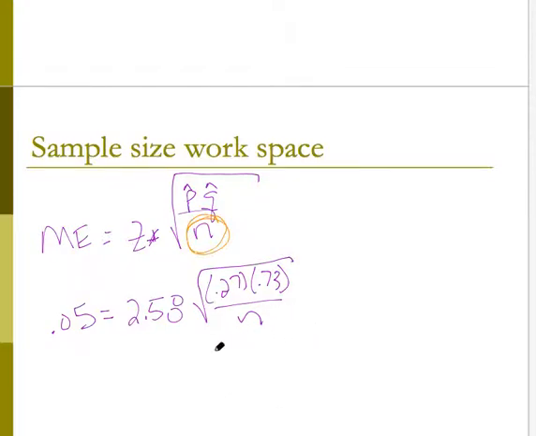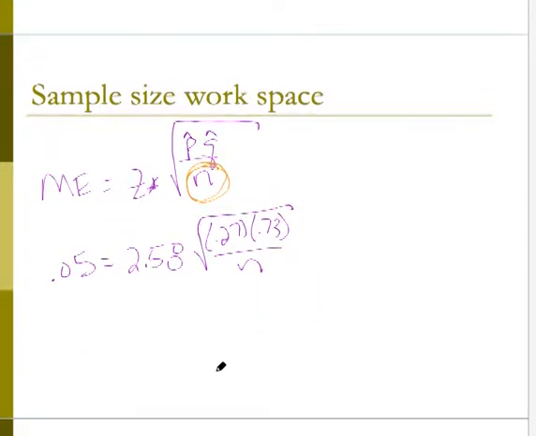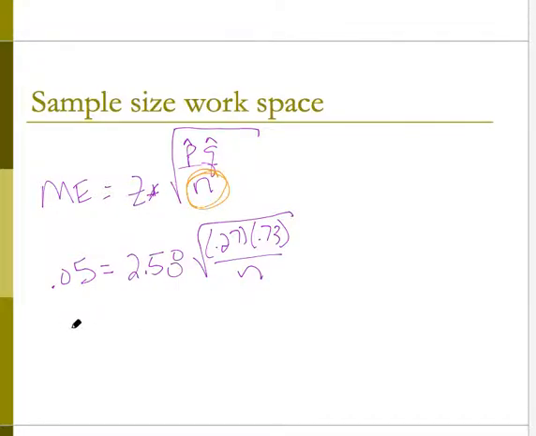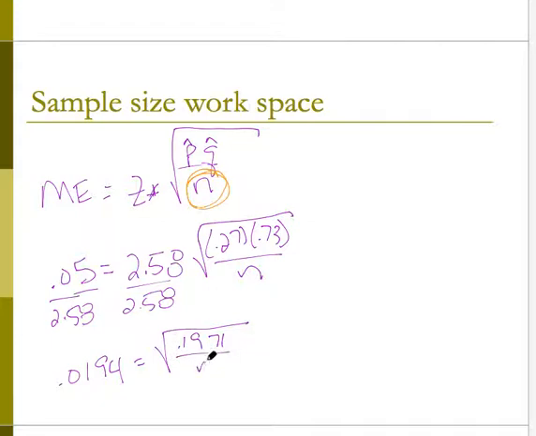You might have a different plan of how you want to solve this. I'm just going to go through it how I would do it. At first, I'm going to divide 0.05 by 2.58. I always write my steps so that I know if I make a mistake. So 0.0194 is equal to the square root of, and I'm going to use my calculator and simplify, 0.1971 divided by n.